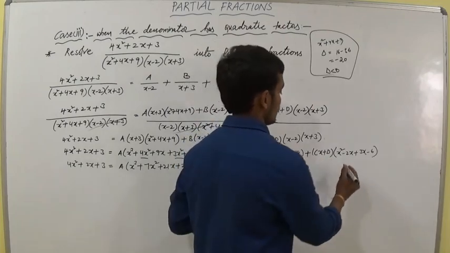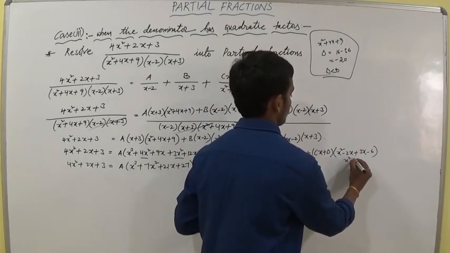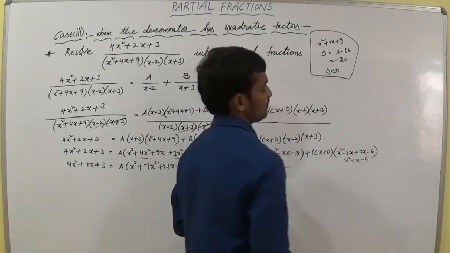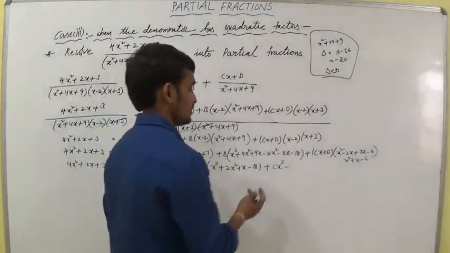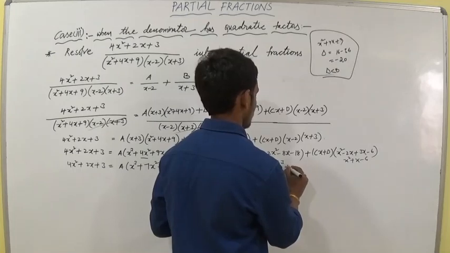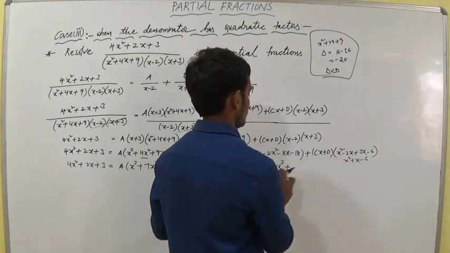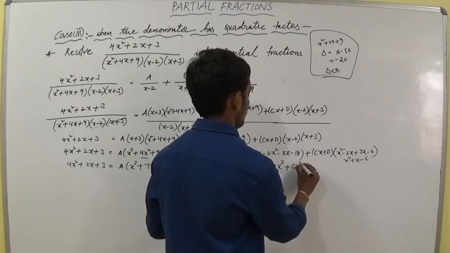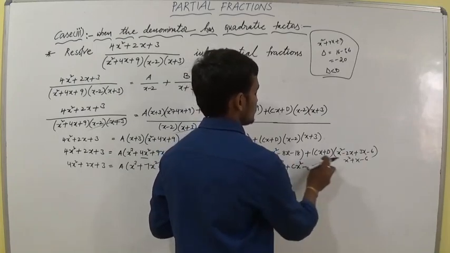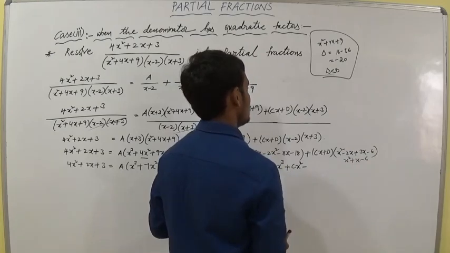If you solve this, we are getting here x square plus x minus 6. Alright, x square plus x minus 6. Now we can solve. Plus Cx into x square, Cx cube, Cx into x, Cx square, minus 6 Cx.